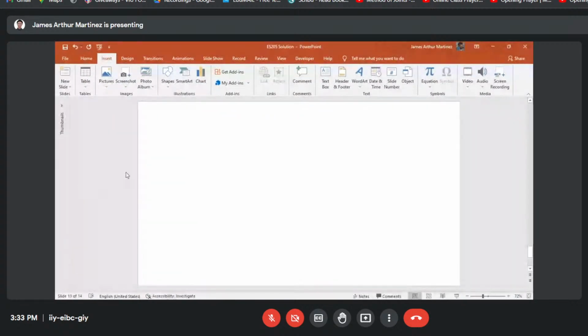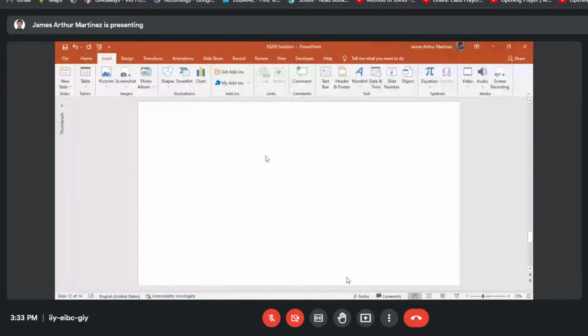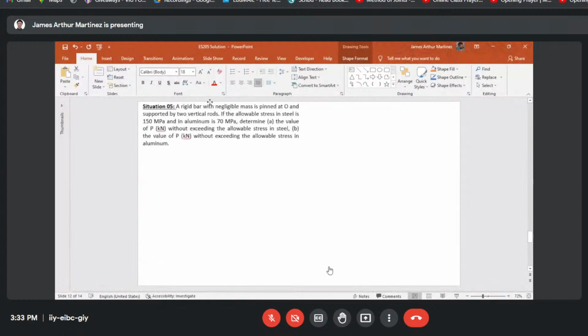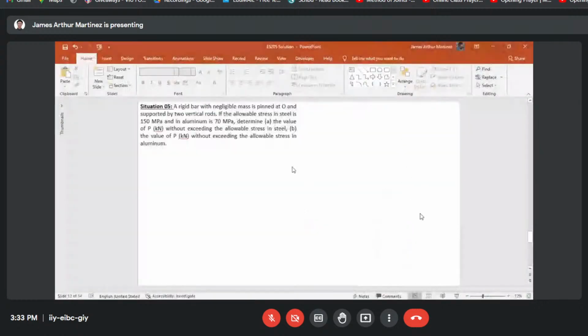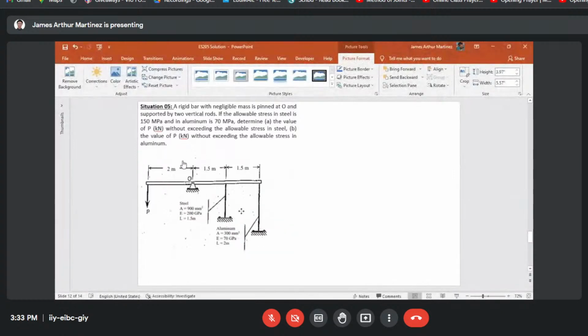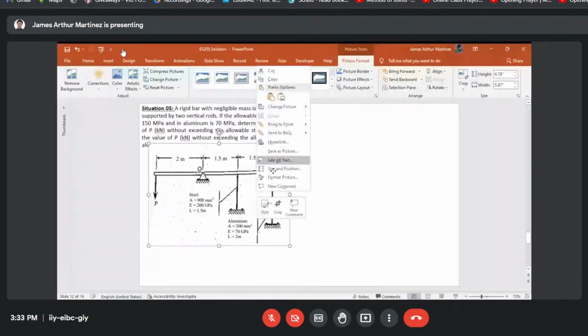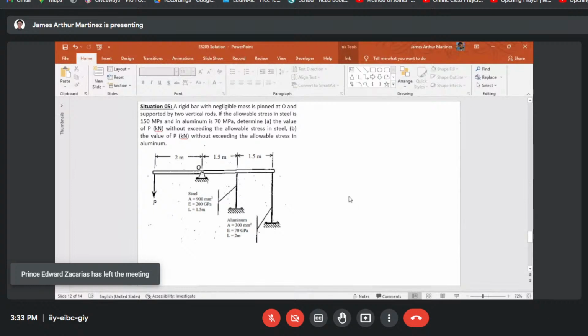So, situation 5. A rigid bar with negligible mass is pinned at O and supported by two vertical rods.